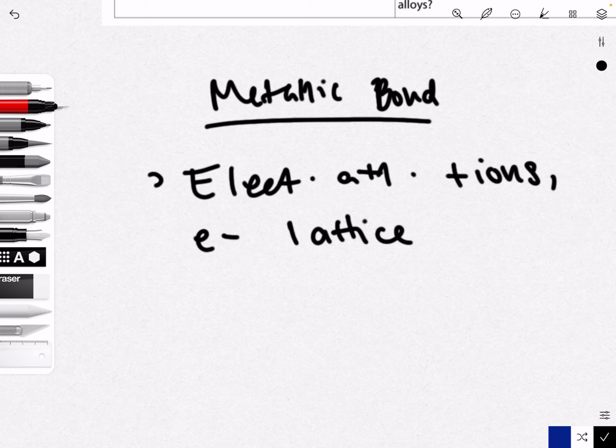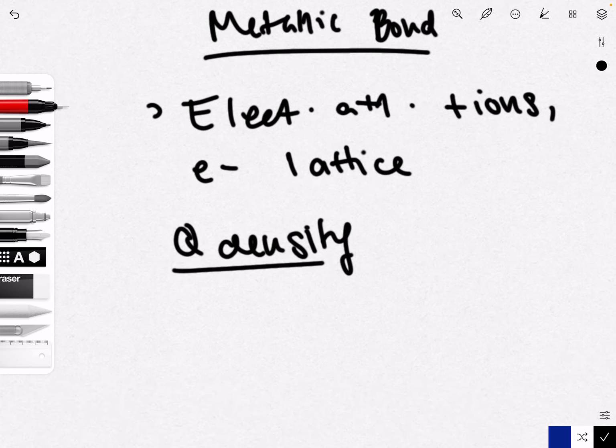Bond strength, or charge density, is determined by the charge of the ions themselves, as well as their ionic radius.